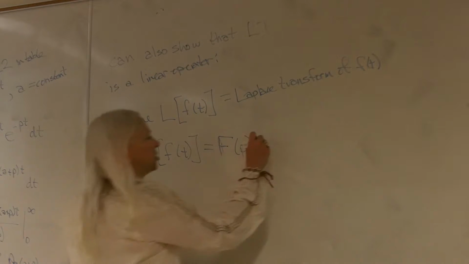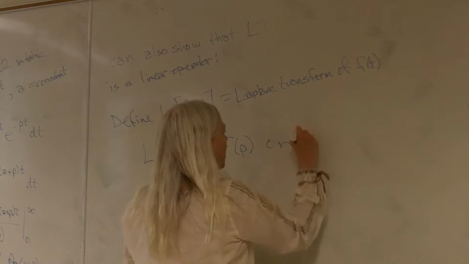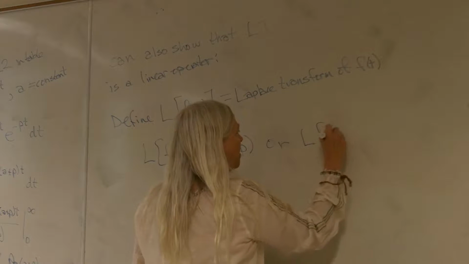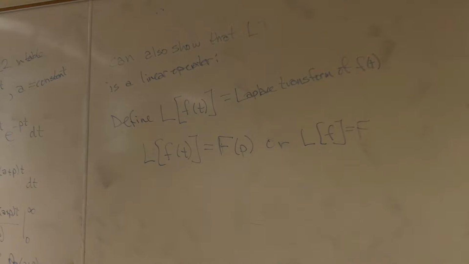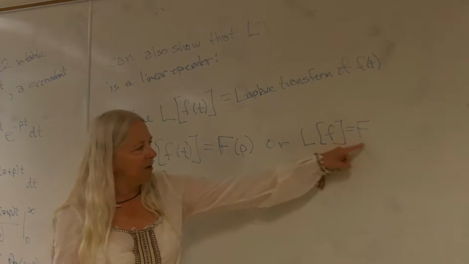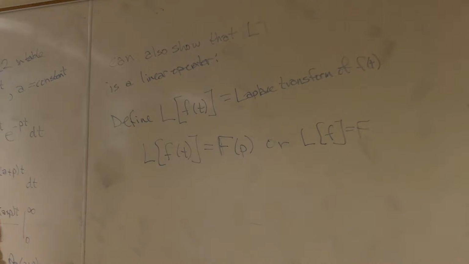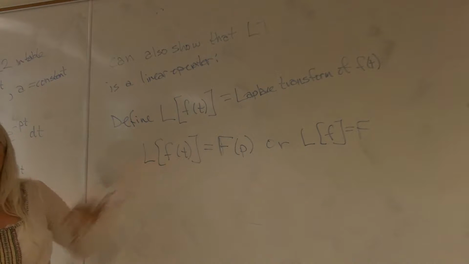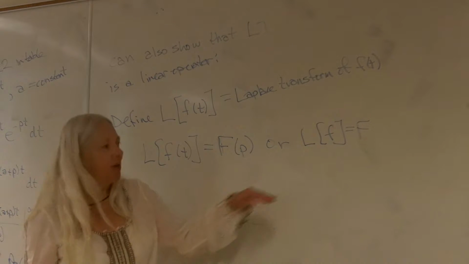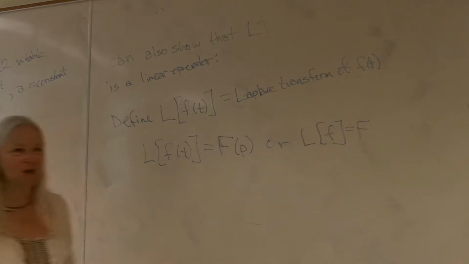Sometimes we'll even shorten this up a little bit more and just write L of f equals capital F. The danger in doing that is you may forget that the two functions, little f and big F, are functions of different variables. Little f depends on t, capital F depends on p. If you write it out this way, that's more explicit. But if you don't think you'll be confused by that, feel free to use this notation too.